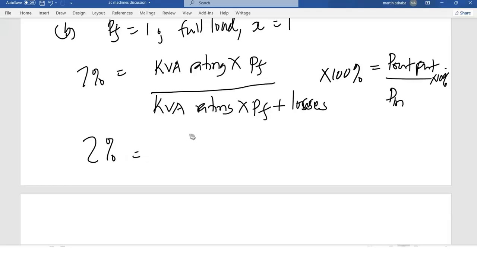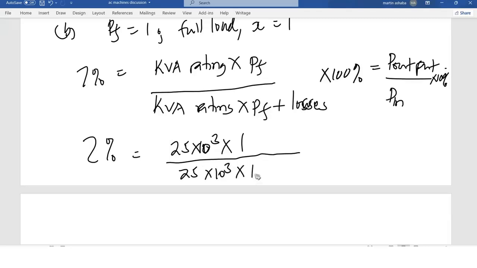The percentage efficiency will therefore equal 25 times 10 power 3, multiplied by 1 of course as the unity power factor, divided by 25 times 10 power 3 times 1, plus losses.